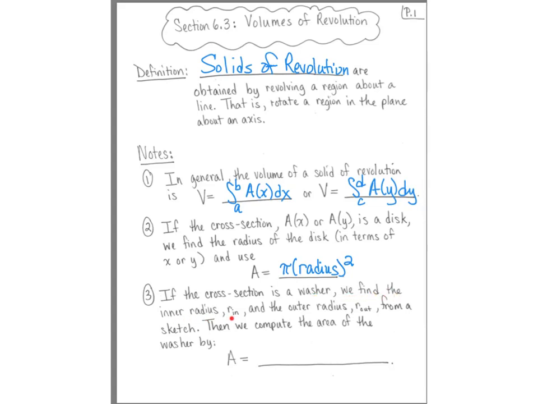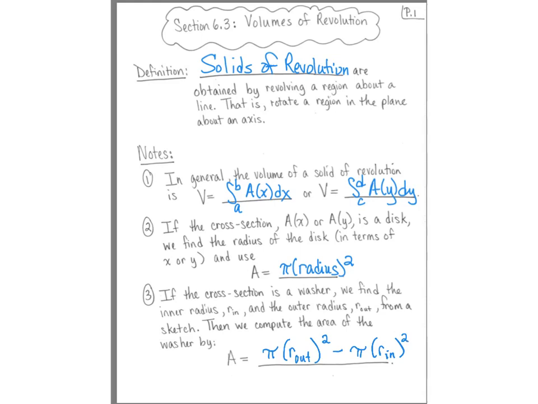Okay, so if the cross section is a washer, then we find the inner radius and the outer radius from a sketch. Then we compute the area of the washer by A equals pi times the outer radius, r sub out, squared, and then we subtract pi times the inner radius, r sub in, squared.